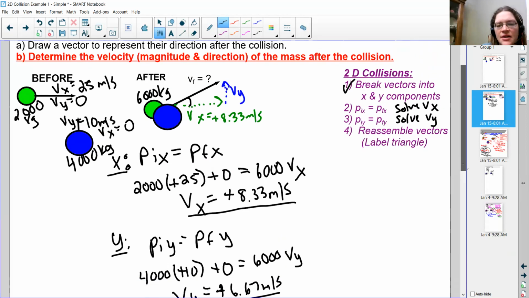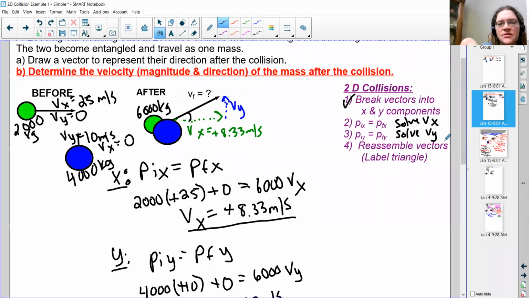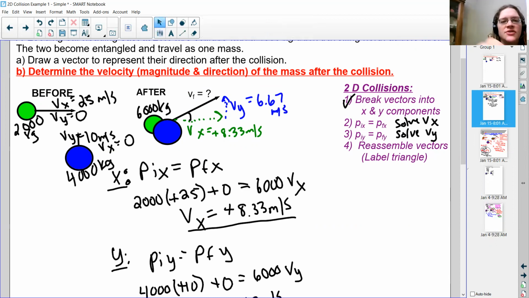So that is saying that this piece right here is 6.67 meters per second. So what we have just done is found the two components of this final velocity. We want to now find the actual total velocity, magnitude, and direction.